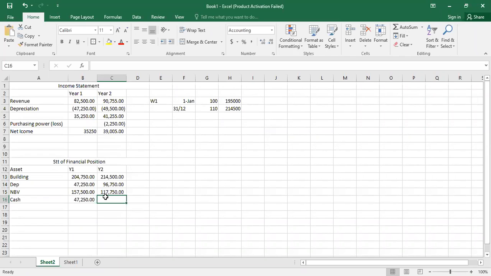Don't keep quiet. So what will be our cash as at the end of the second year? Remember, all the net income has been distributed as dividend, so it is not interfering with the cash in the account. So what will be the cash, or the cash equivalent, in the account?